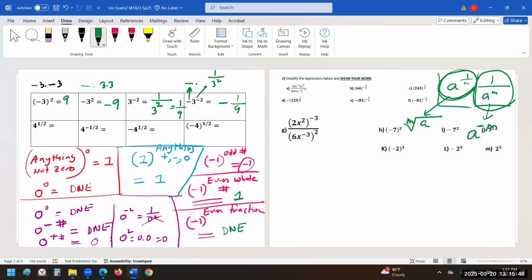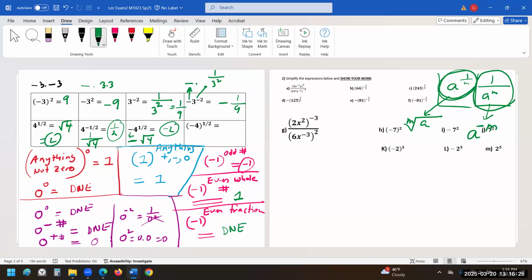Now 1/2 power means the square root of 4, which is 2. The same thing, but this is a negative 1/2. So it's a fraction, the square root of 4, so it's 1/2. And the next one, we have a negative and then 4 with 1/2 power. So it's a multiplication and then the square root of 4, negative 2.